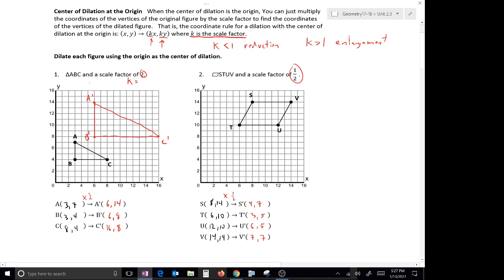So let's go ahead and plot those. So V prime is right there. U prime 6, 5. T prime's at 3, 5.